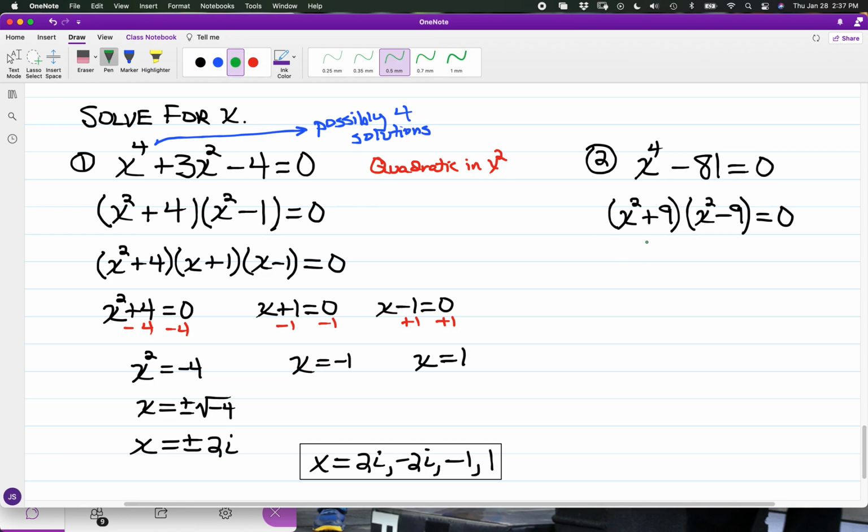I'm just going to mention, with a sum of squares, this one is not factorable. And in terms of x squared minus 9, because we have a difference of squares, that one is factorable into x plus 3 and x minus 3.